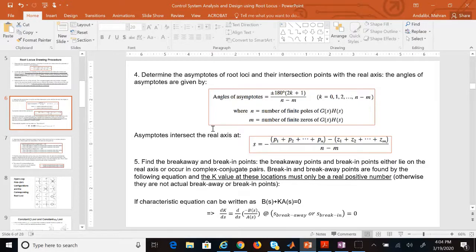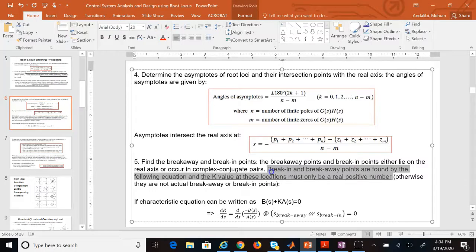Okay, now breakaway and break-in points, they either are on the real axis or they might occur in complex conjugate pairs. What are they? Let's first see what they are, and then the important thing is the k corresponding to these locations should only be a real positive number.